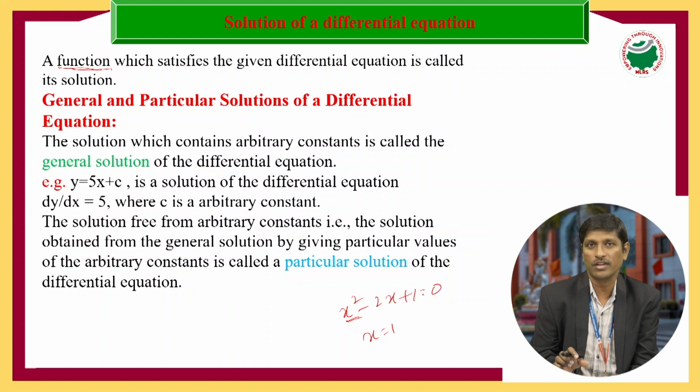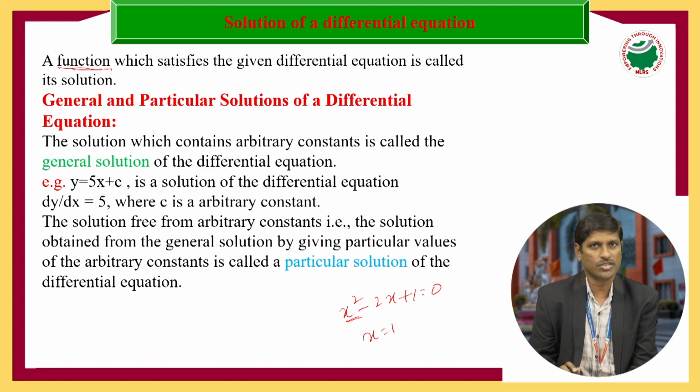If you ask a student which branch he is in, he simply says CSE or civil or mech or ECE, which comes under particular. And general is nothing but BTech. In the same way, the general solution is nothing but a solution.